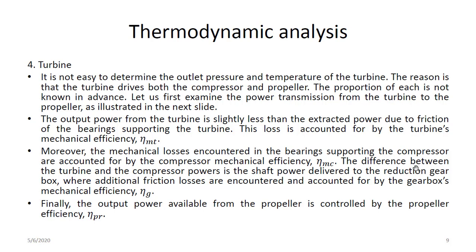Alright, then in the turbine, it's not easy to determine the outlet pressure and temperature, because the turbine drives both the compressor and the propeller for a single spool arrangement. Then the proportion of each is not known in advance, so you don't know how much power is needed to drive the compressor and the propeller.